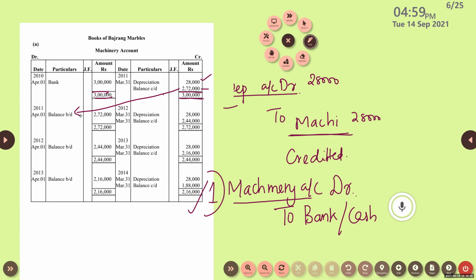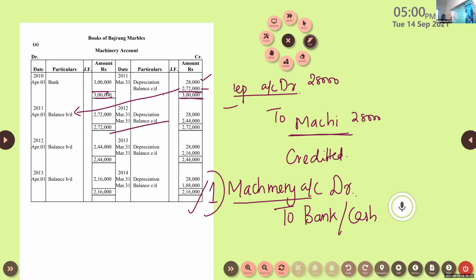Depreciation is 28,000 itself. Why is it 28,000? Because it is straight line method. Depreciation remains constant. And what happens to the value of asset? Value of asset decreases. See? This process continues.